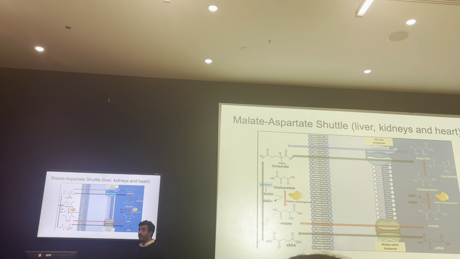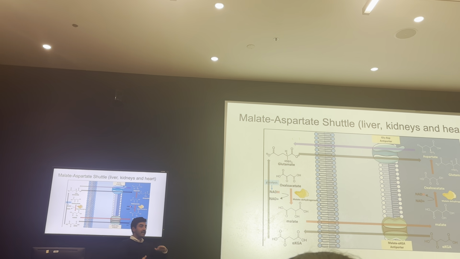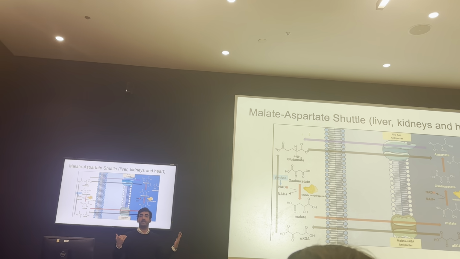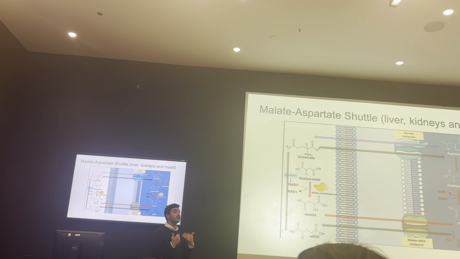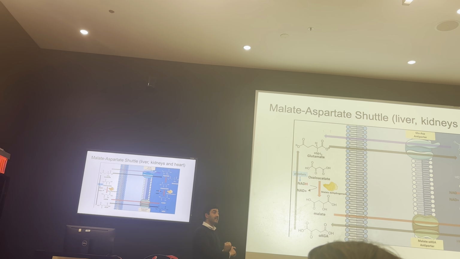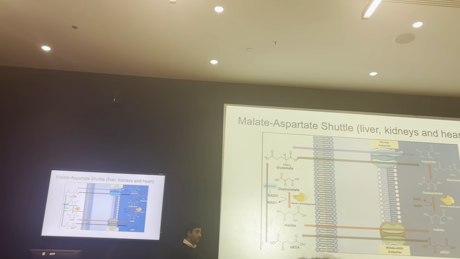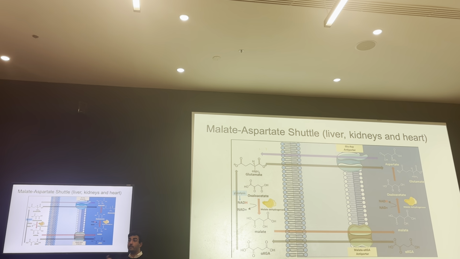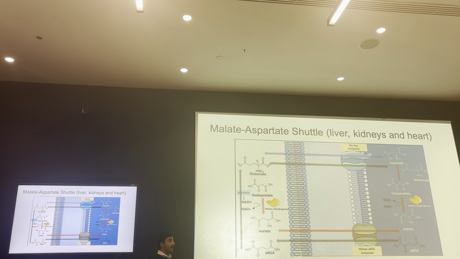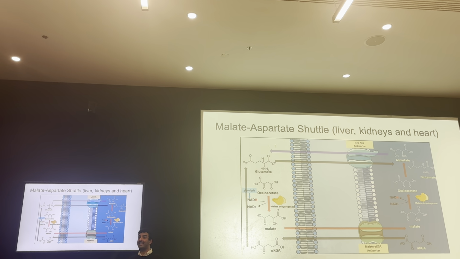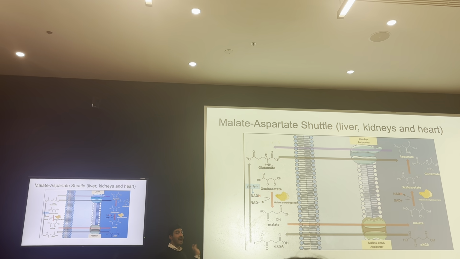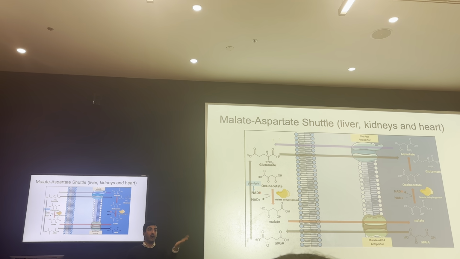So, we are introducing these two antiporters within the context of the malate aspartate shuttle. This links together the TCA cycle, links together your urea cycle. Additionally, this loops in the electron transport chain, as we introduce the problem that we can't actually move the NADH across the inner mitochondrial membrane.